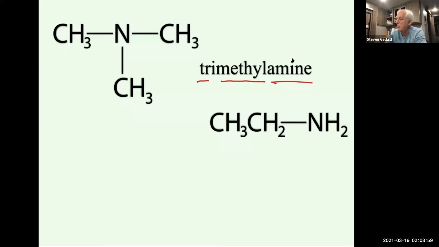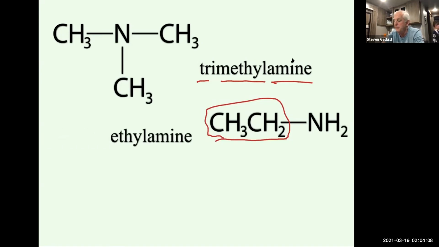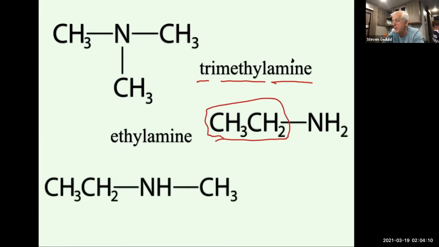Common names just name the substituents, that's all you're doing. So it's ethylamine. This one would be methylethylamine. You can name it either way; I named by smallest to largest group size. So it could be ethylmethylamine or methylethylamine, the same structure that you draw.